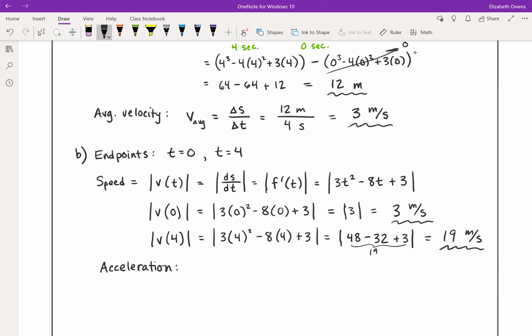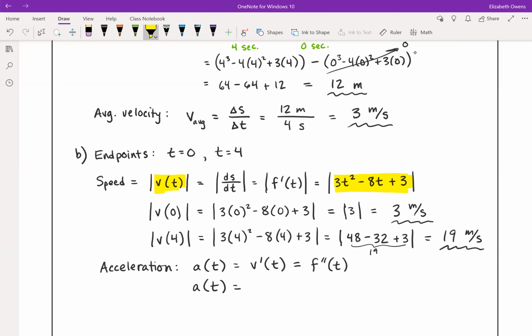And in order to get acceleration, remember we're going to have to take another derivative here. a of t is the derivative of velocity, or you can think of it as the second derivative of position. So we will take another derivative here, and I'm looking at this velocity function that we found right in here.